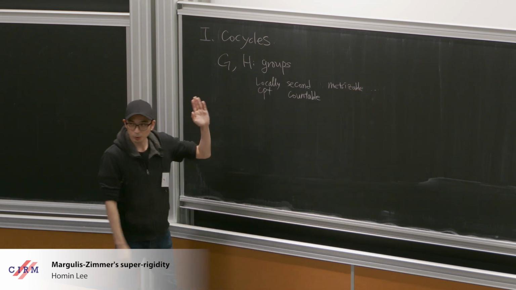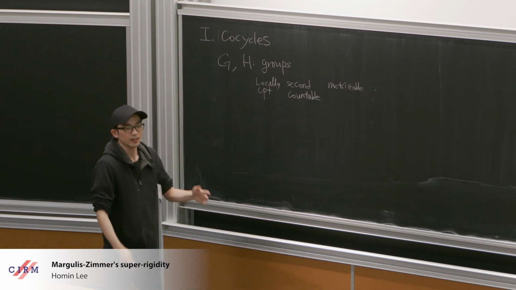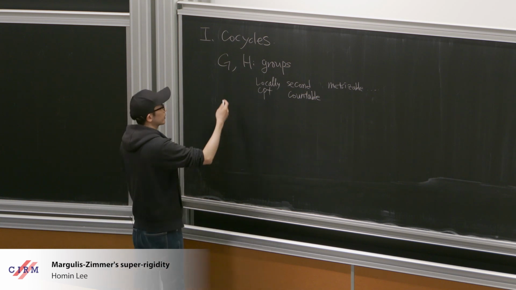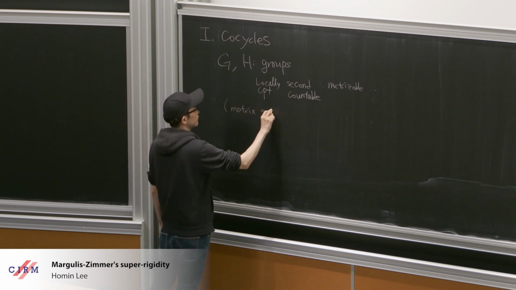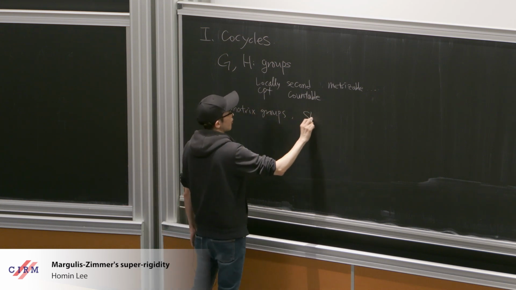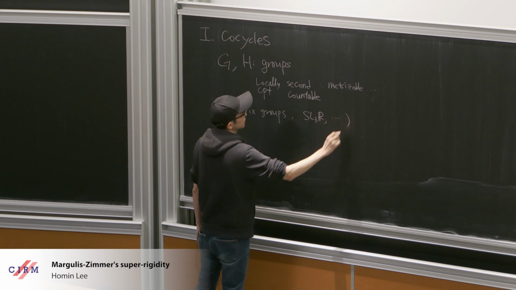So G and H are topological groups, which is very nice. Actually, you can even just think about matrix groups, something like SL3R.